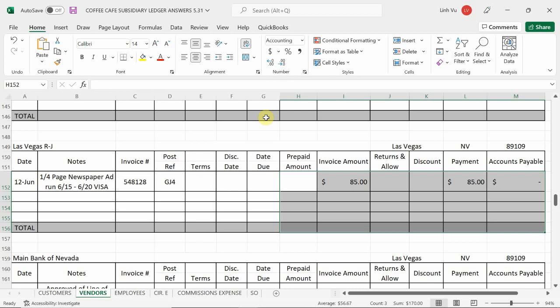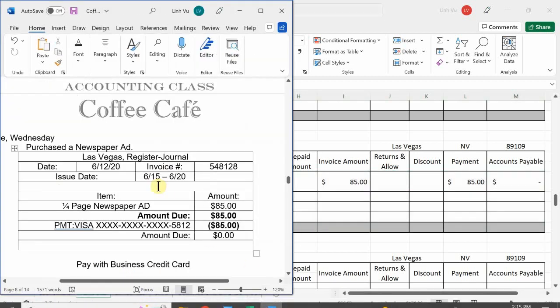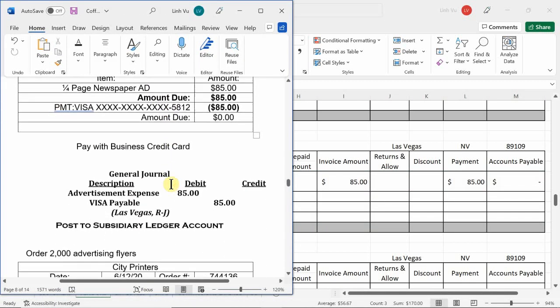If they don't run their newspaper ad, then we have to call and tell them that. Okay. All right, and then again, this is an inventory, so we are pretty much done here.